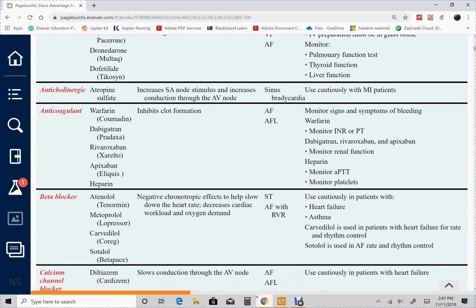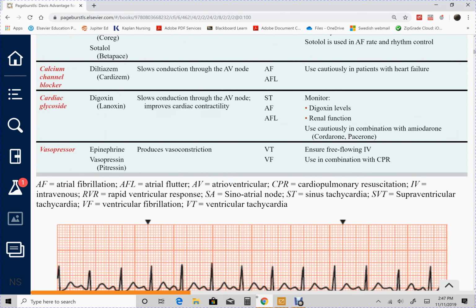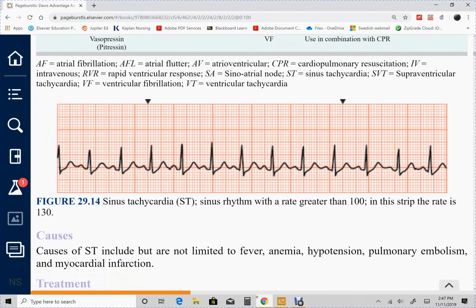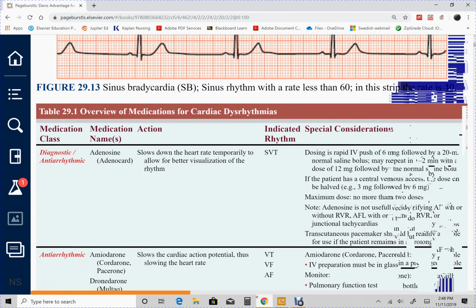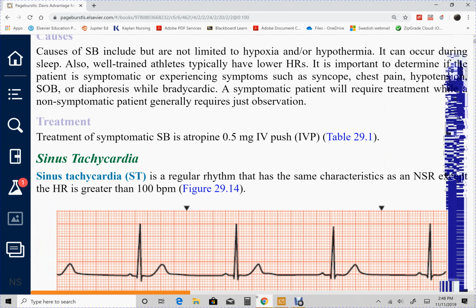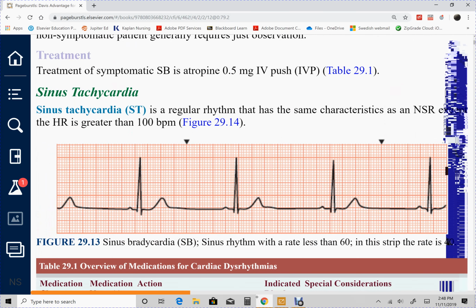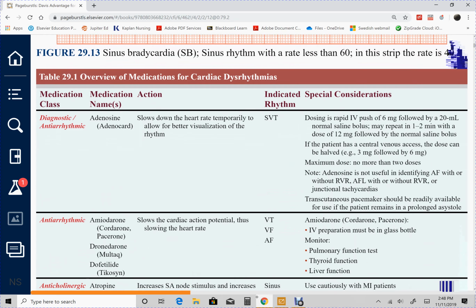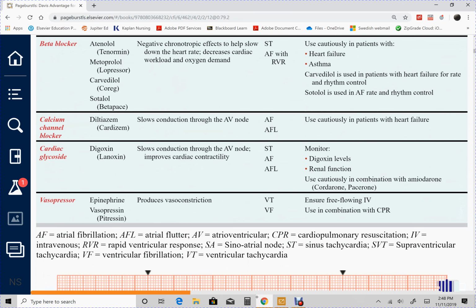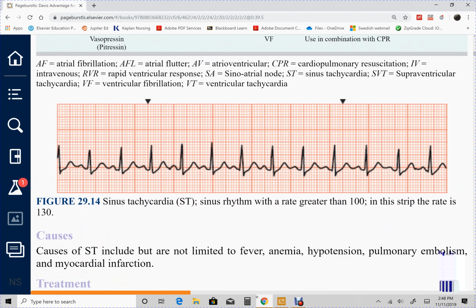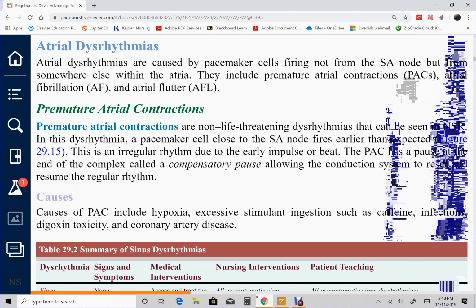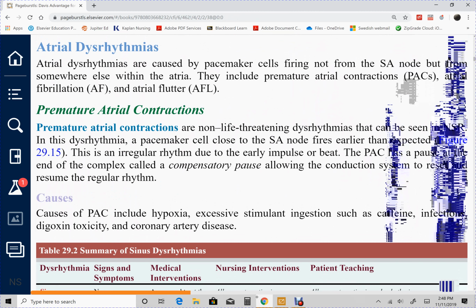Okay, let's go now to the first group. Let's do sinus dysrhythmias first. Oh no, we did the sinus, which are sinus brady and sinus tach.